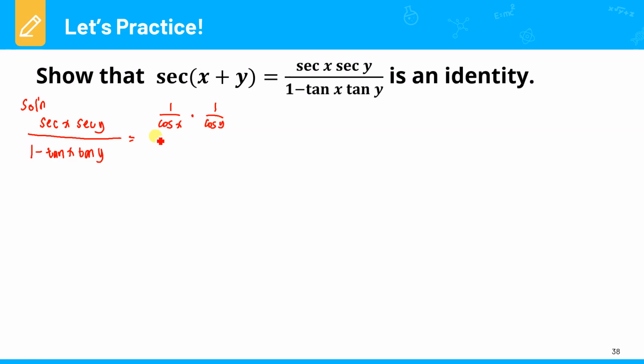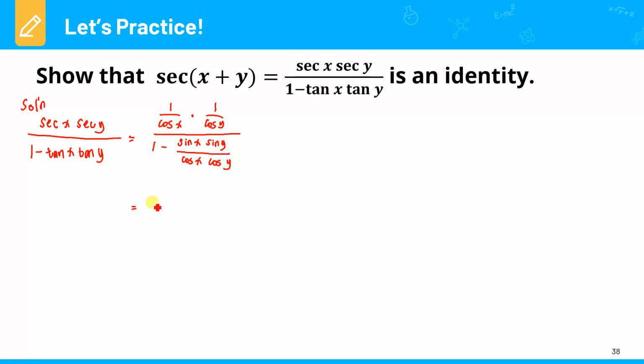Cosine y, all over 1 minus our tangent. Our tangent would be sine over cosine, so you have sine x sine y all over cosine x cosine y. Now let's combine the denominator.